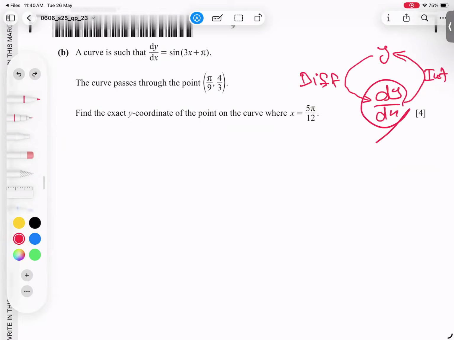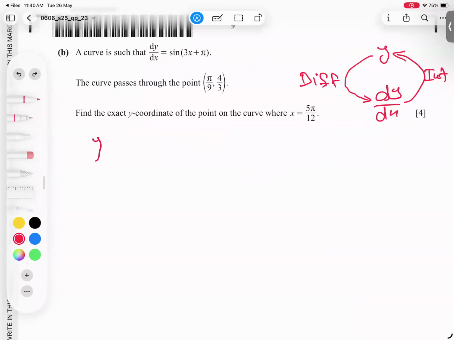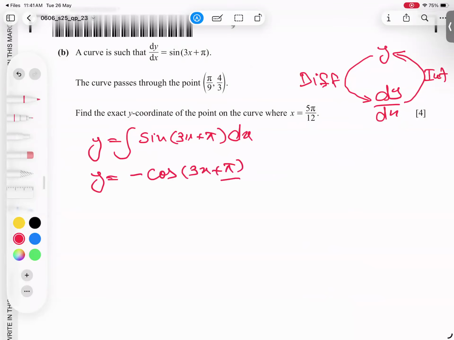So when dy over dx is integrated, we'll get what? y. So here I'm writing y directly without any work. It is enough to show the examiner. The integration of sine is negative cos. Over 3, which comes from the angle's derivative.